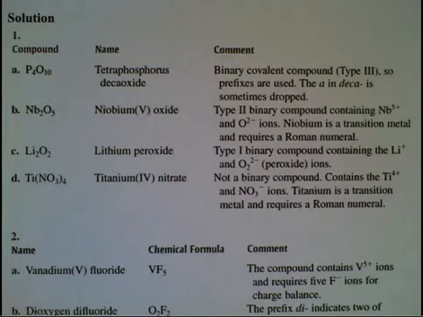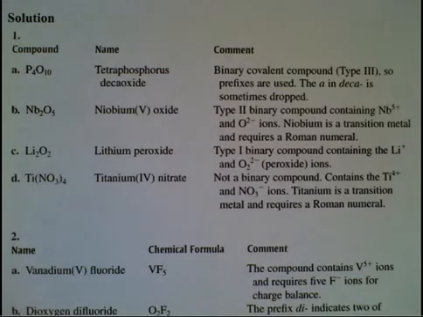The vowels that follow those prefixes, like tetra or deca, even nona, octa, are often dropped. Sometimes they're not, and I'm not going to nitpick about that. So if you use decaoxide, that's fine. You'll probably hear me say decoxide, so just be aware of that.